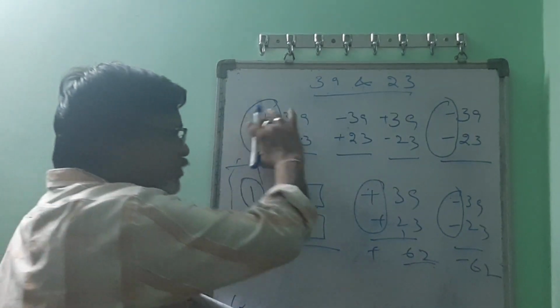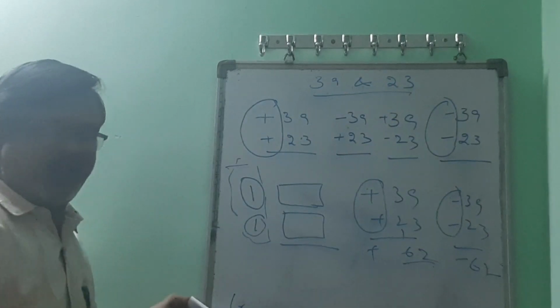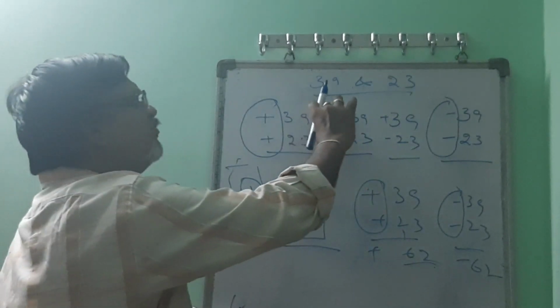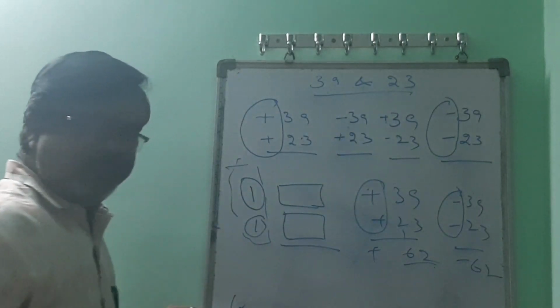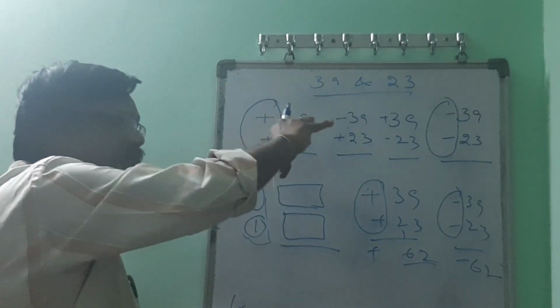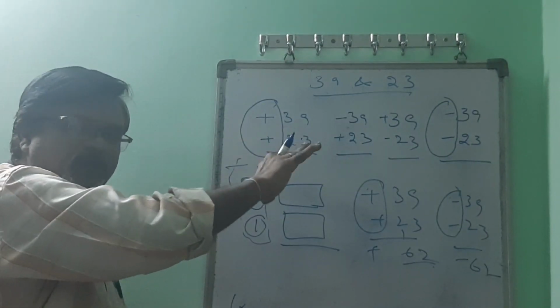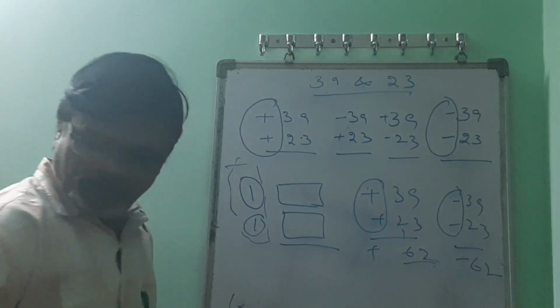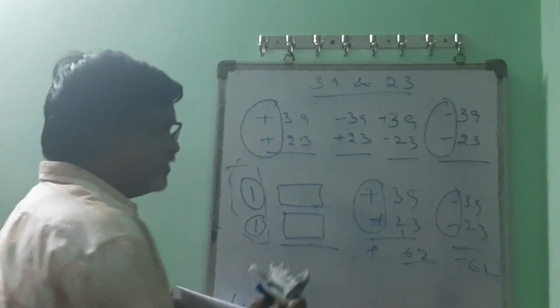In these two cases, we do not find much difficulty in performing the arithmetic operation. Whereas when the signs are different, then there will be a problem to perform the arithmetic operation. This problem is overcome by using the complement method. How this problem is overcome using the complement method, we will check now.